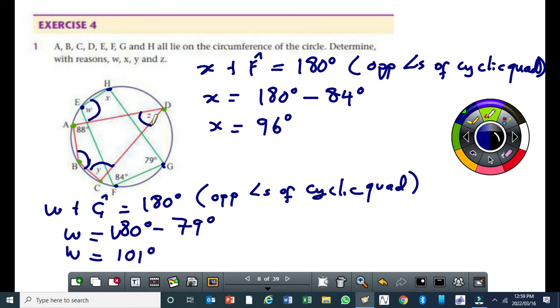Based on the information here, you won't be able to calculate Z because B is not given, which means there's some missing information. The size of B was supposed to have been provided, but it's not. So we won't get an exact value for Z.